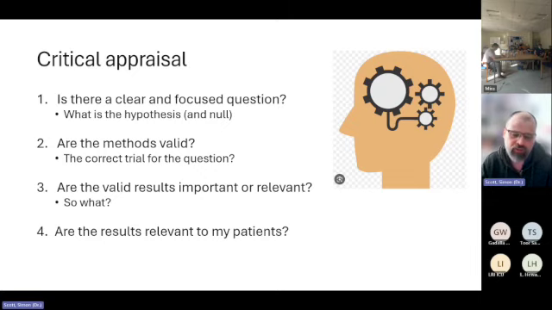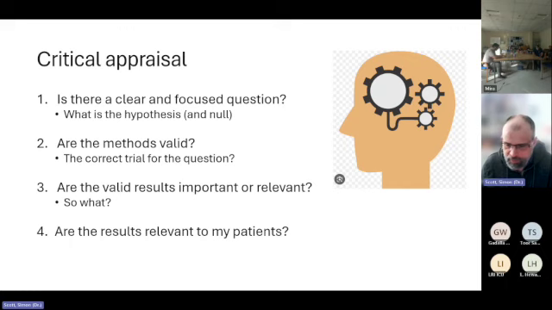One of the arguments prior to COVID against prone positioning was that we don't do it all the time. This is at the Royal, for example, we're not a specialist respiratory center. Are we actually going to cause more harm by putting patients prone than good? So that's what it means by, are the results relevant to my patients. Do I have a similar cohort of patients that would benefit from this study?